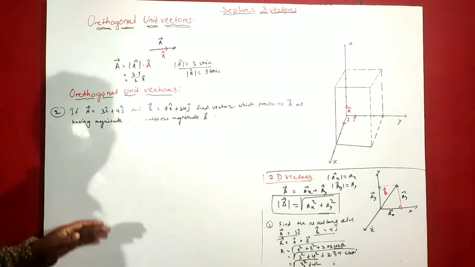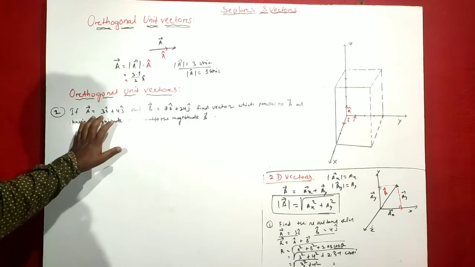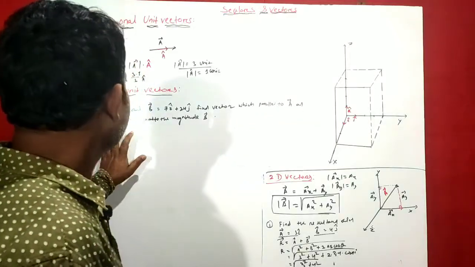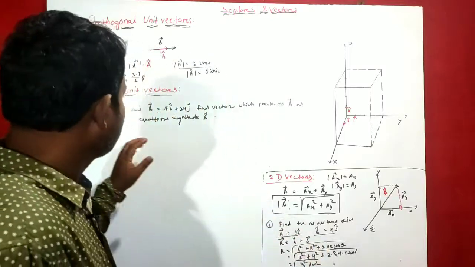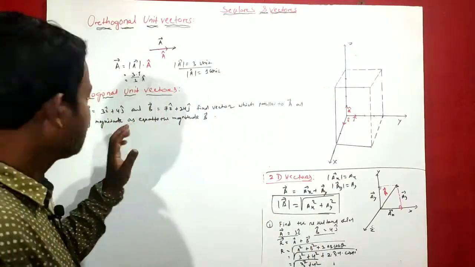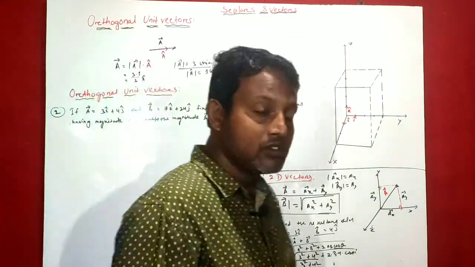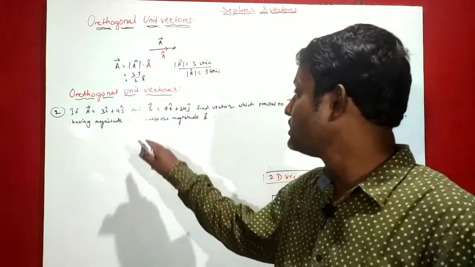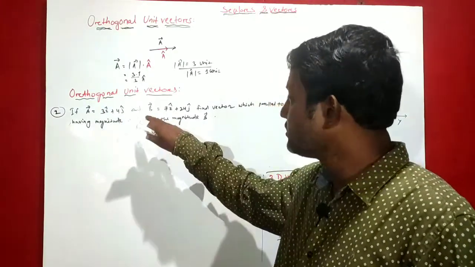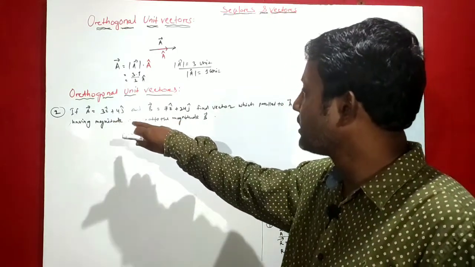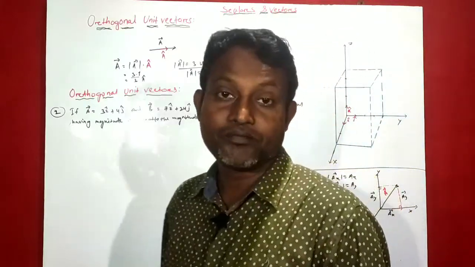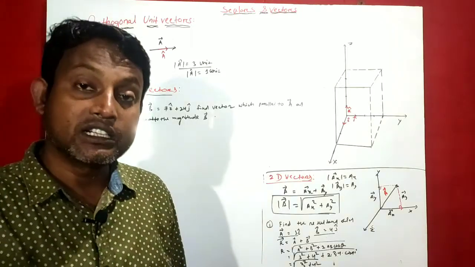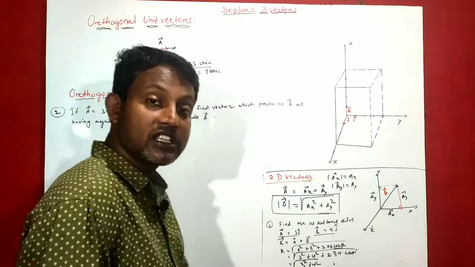So guys, what is the question? If A is 3 I cap plus 4 j cap and B is 7 I cap plus 24 j cap, find the vector which is parallel to A and having magnitude equal to the magnitude of B. That means we are given two vectors, A and B, in coordinate form, and asked to find another vector which is parallel to A and has magnitude equal to the magnitude of B. Parallel to vector A means the direction of the new vector will be the same as the A vector.